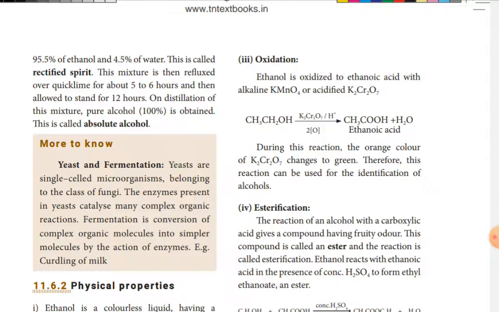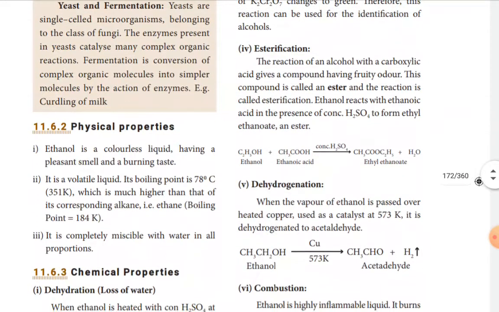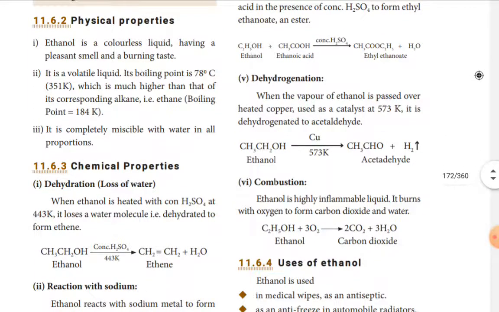Then esterification, that is the formation of an ester in the presence of concentrated sulfuric acid by the reaction between ethanol and ethanoic acid. So ethyl ethanoate, which is also called an ester, is formed and water is a byproduct. Then dehydrogenation, that is nothing but removal of hydrogen.